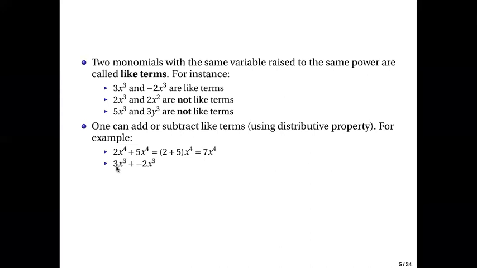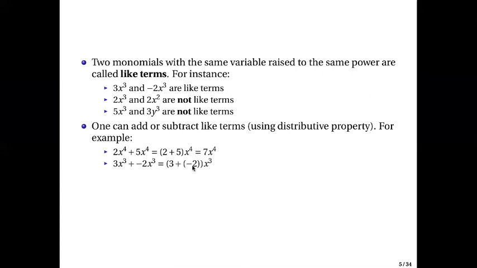Another example here, you have 3x cubed plus the negative of 2x cubed. So you can just add the coefficients. Using this property, it's 3 plus negative 2, quantity, x cubed.